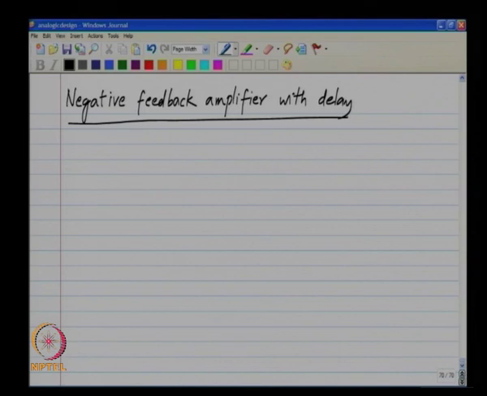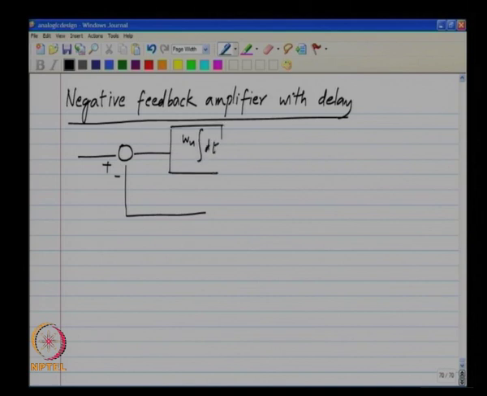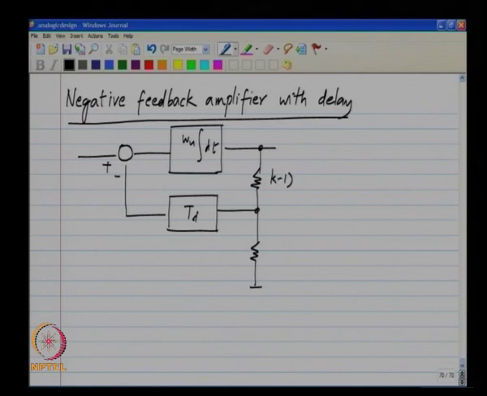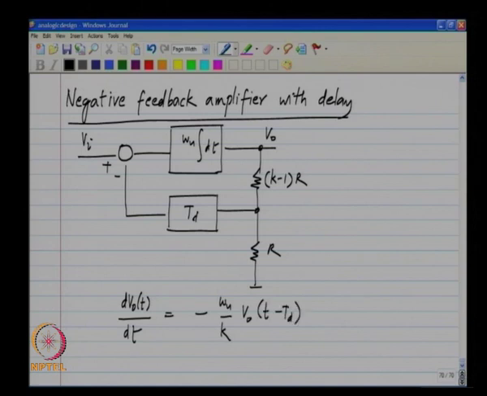So, we have seen that if you have a delay in the negative feedback loop, it can be modeled using a delay Td in the feedback path, and this gives a differential equation in which the derivative has the same shape as the delayed function.